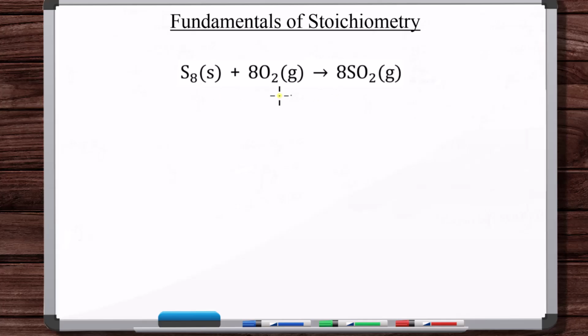So we can fundamentally interpret this chemical equation, for example, as a single S8 molecule interacting with 8 O2 molecules to produce 8 SO2 molecules. That's really the fundamental way to understand any chemical equation.